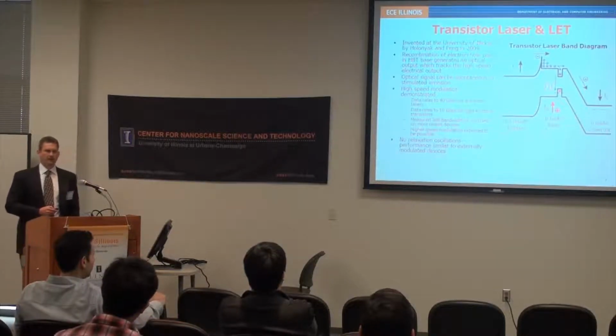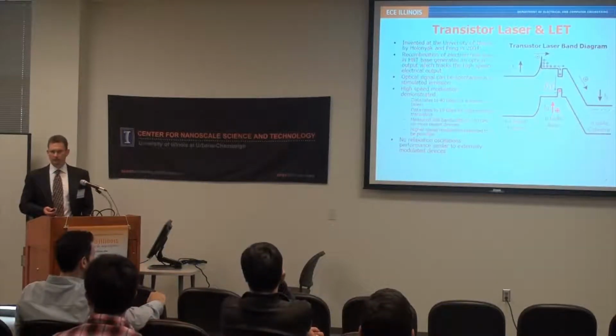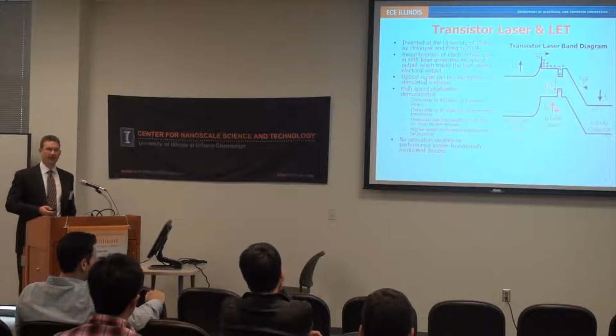What was recognized was that recombination, which is a natural part of the operation of any sort of bipolar transistor, in a direct gap material produces light. And those photons are useful and can be used.